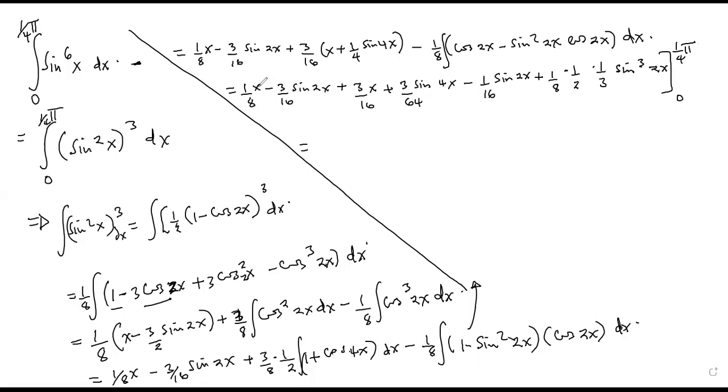expanding this, 1 over 8 x, 3 over 16, we're going to get 5 over 16 x minus a quarter sine 2x, because you have 3 over 16 sine 2x, 1 over 16 sine 2x, 3 over 64 sine 2x.